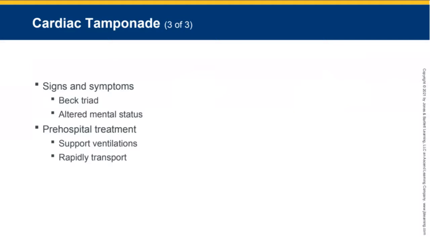Also altered mental status. Pre-hospital treatment: support ventilation, rapid transport. And even for me as a paramedic, rapid transport. I was trained how to do a pericardiocentesis, but it's not something I would attempt in the field. Rapid transport.